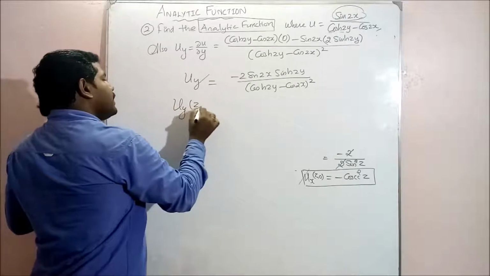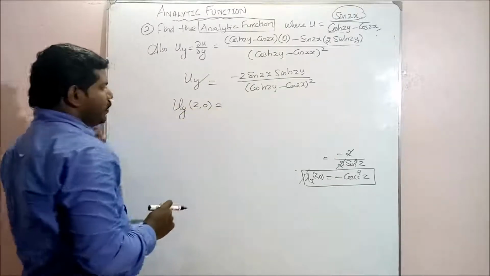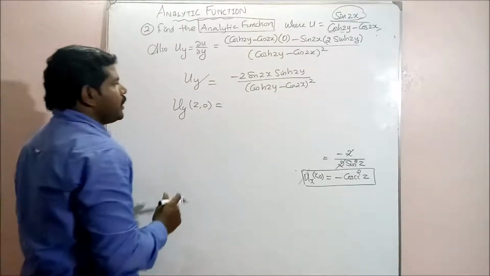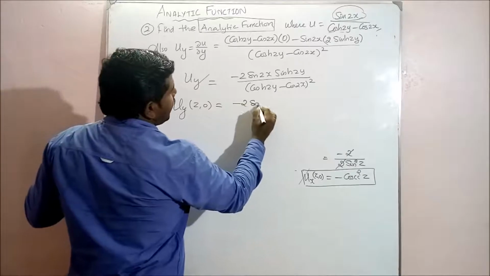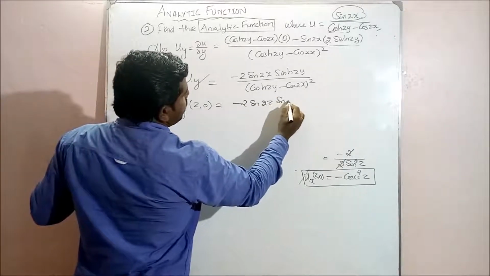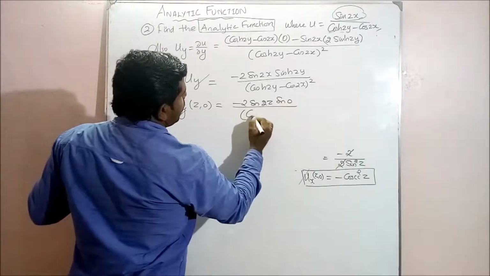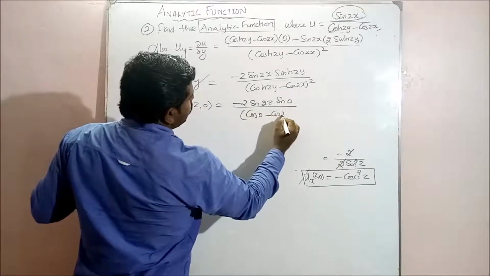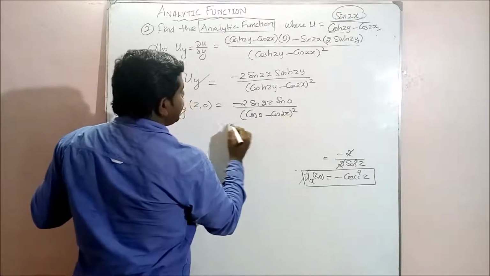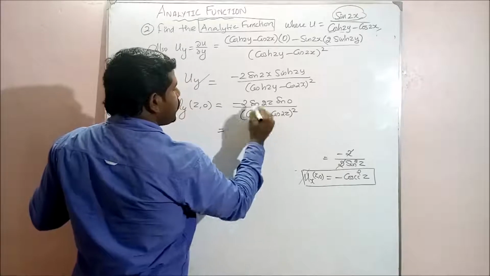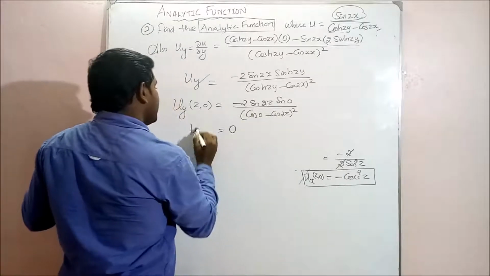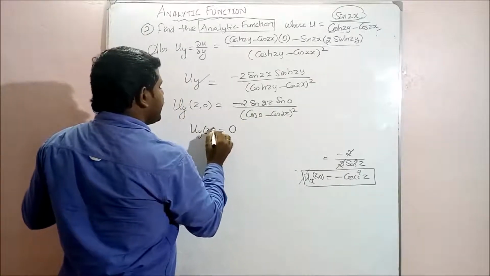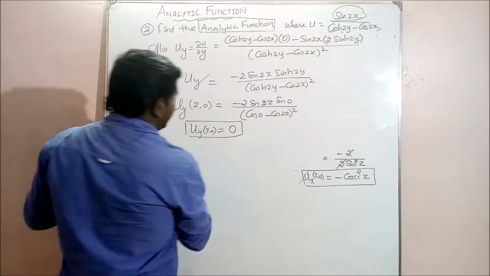So calculate uy of z comma 0. Put x equal to z and y equal to 0. So we get minus 2 sin 2z into sin 0 by cos 0 minus cos 2z the whole square. Sin 0 is 0, and 0 divided by any non-zero number is 0. So uy of z comma 0 is equal to 0.